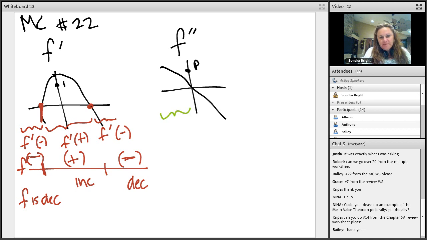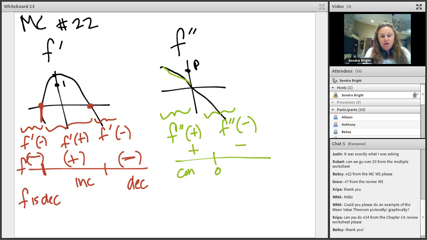Here it's saying that your second derivative is positive because you are above the x-axis here, and then here your second derivative is negative. So this one at least is easy. At 0 you've got positive and then negative, which means you're concave up to the left of 0 and concave down to the right of 0.